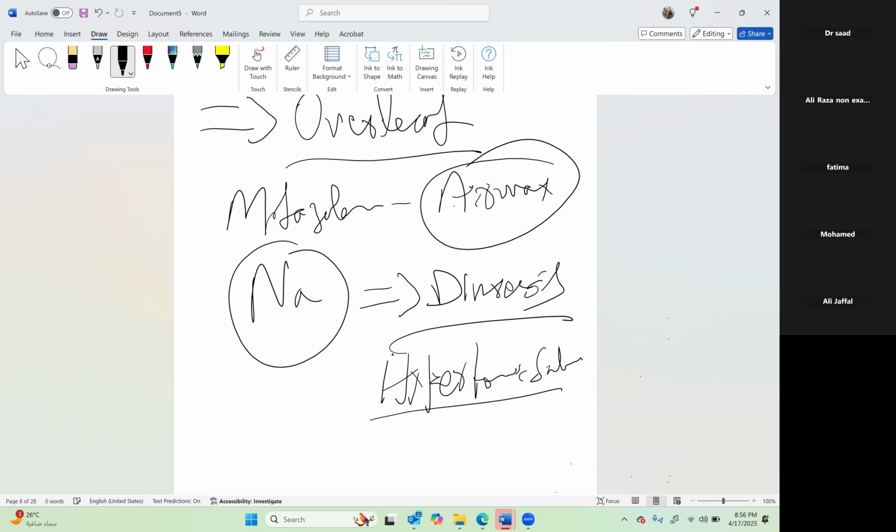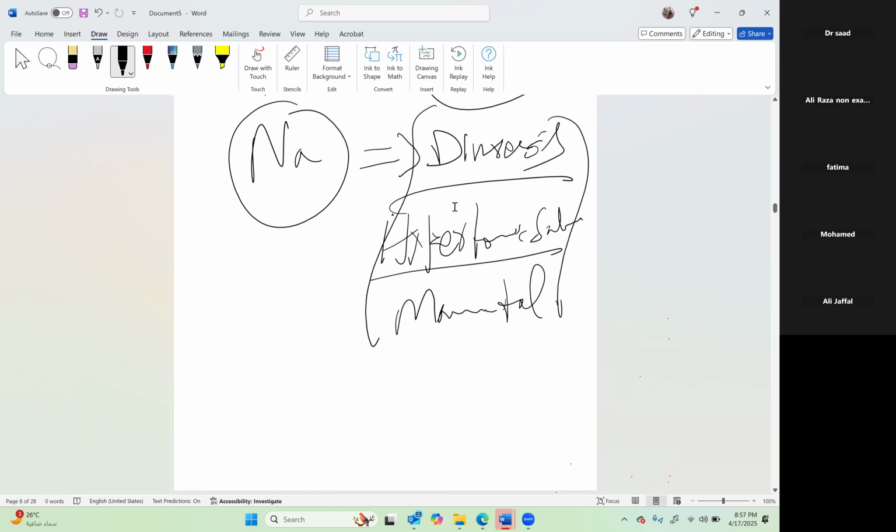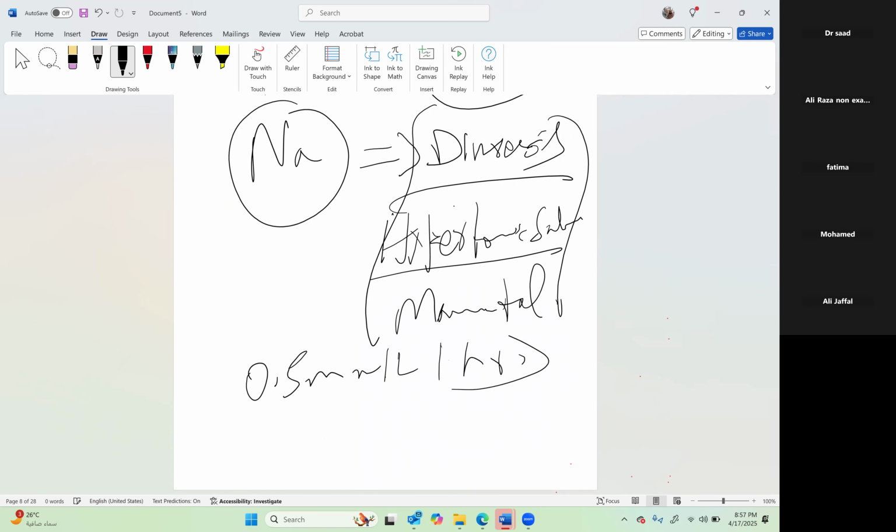Mannitol. You will correct at a limited millimole per hour rate. If you do it quickly, then it can result in shrinkage of the brain, and they can ask you all the complications.